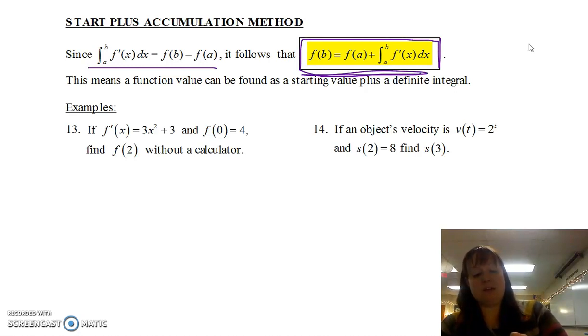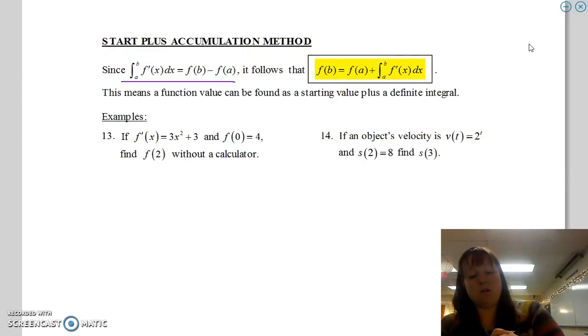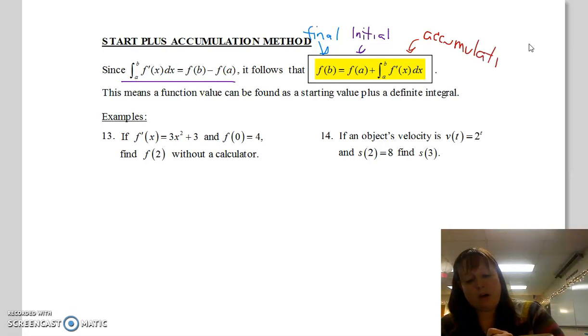And so basically what we're saying is our final value here, this is like the final value of some function. The final value of the function equals the initial value, so this would be like where it started, plus all the accumulation up to that value.